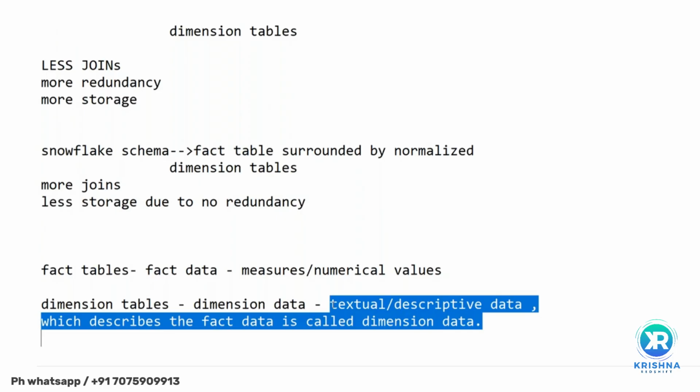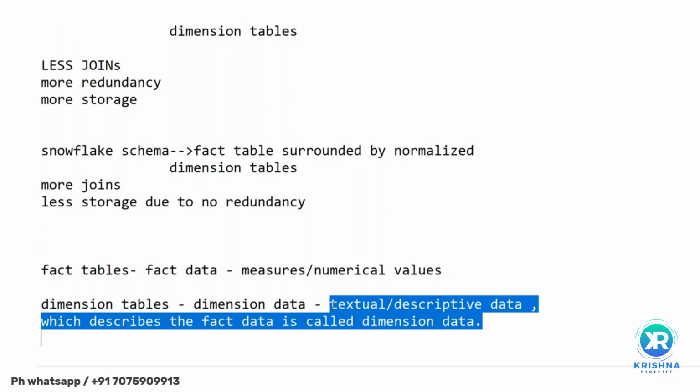Pin code is a number, so it could be fact? No, it's not like that. Fact means counts, which are used in representing the business, like counts, quantity, price, total price, average, all aggregate functions. What are the aggregate functions? Somnath?